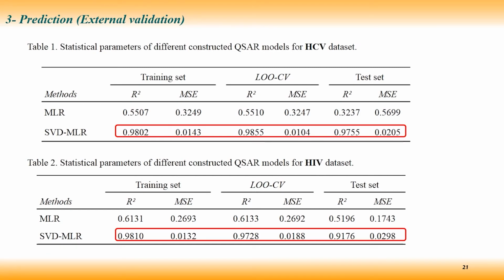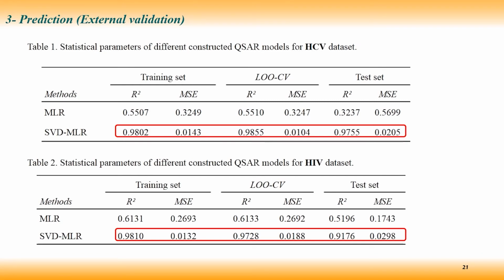And also for the test set, we obtained a determination coefficient of almost 70% with reduced errors. And similarly for the HIV dataset, the SVD MLR shows that it has almost good predictive ability for these two datasets.